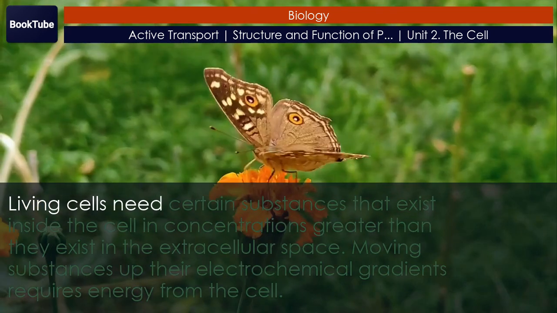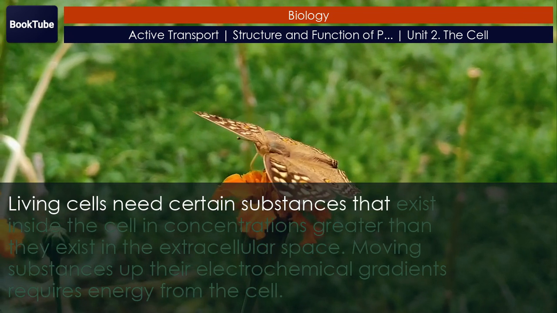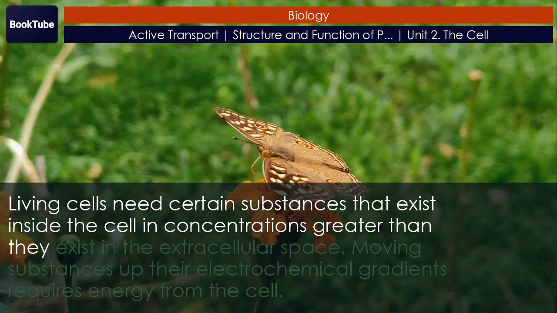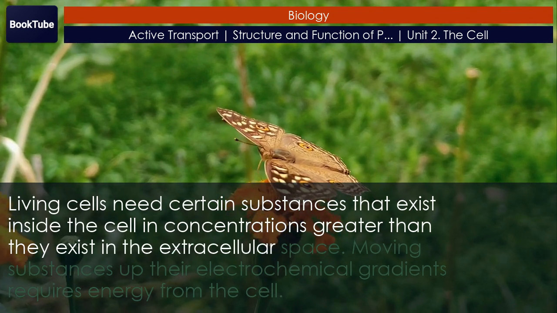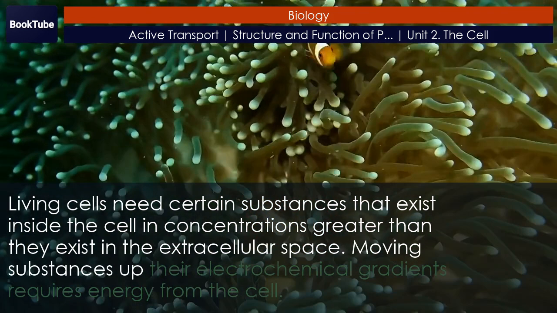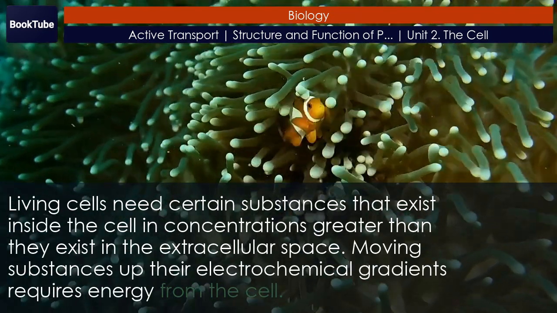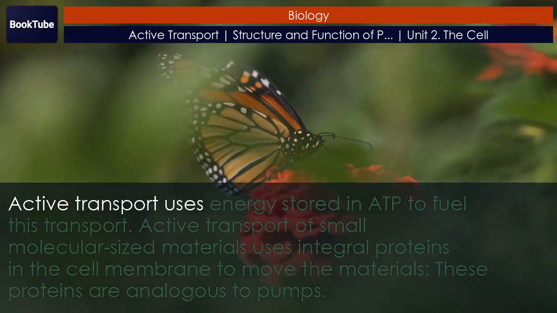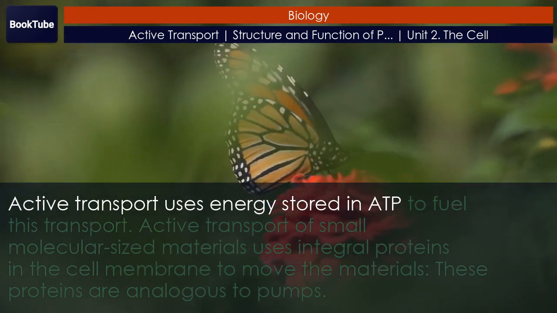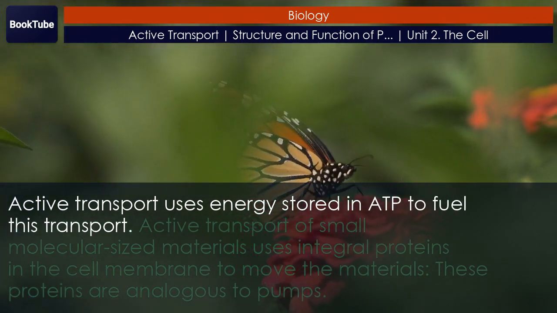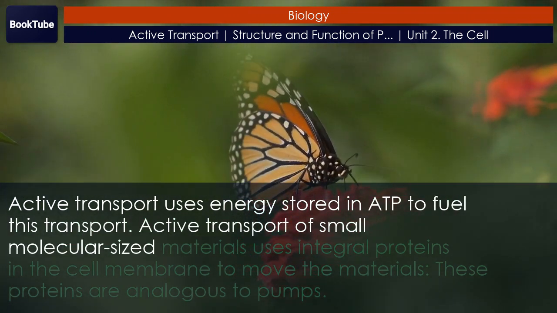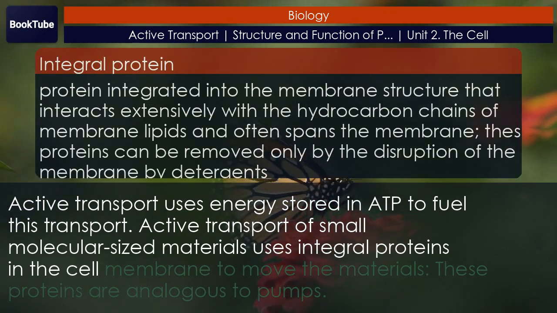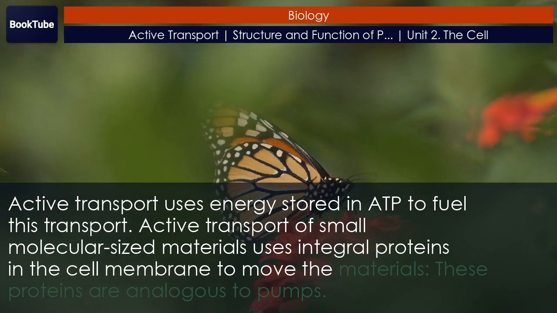Living cells need certain substances that exist inside the cell in concentrations greater than they exist in the extracellular space. Moving substances up their electrochemical gradients requires energy from the cell. Active transport uses energy stored in ATP to fuel this transport. Active transport of small molecular-sized materials uses integral proteins in the cell membrane to move the materials.